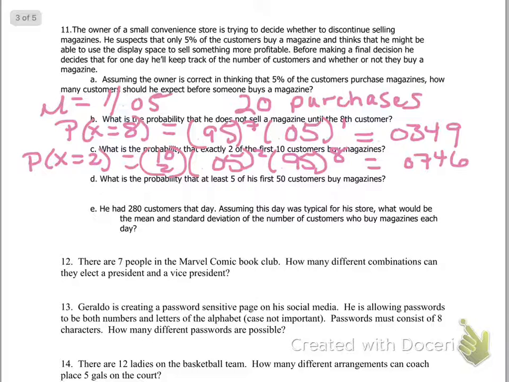Okay, what is the probability that at least 5 of the first 50 buy this magazine? All right, now if I do 50 choose 5, wow, that is 21,187,060.